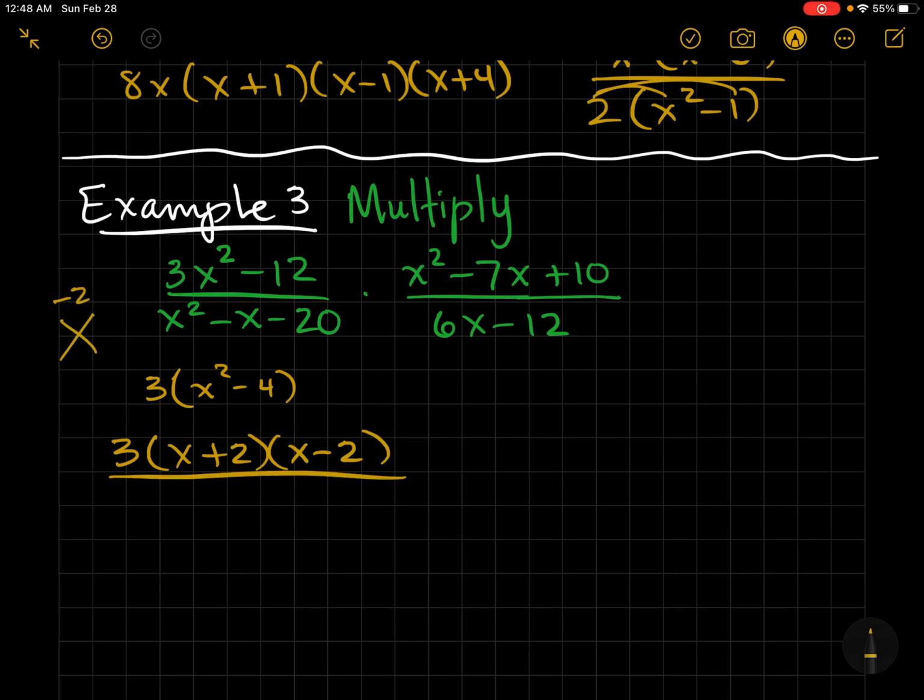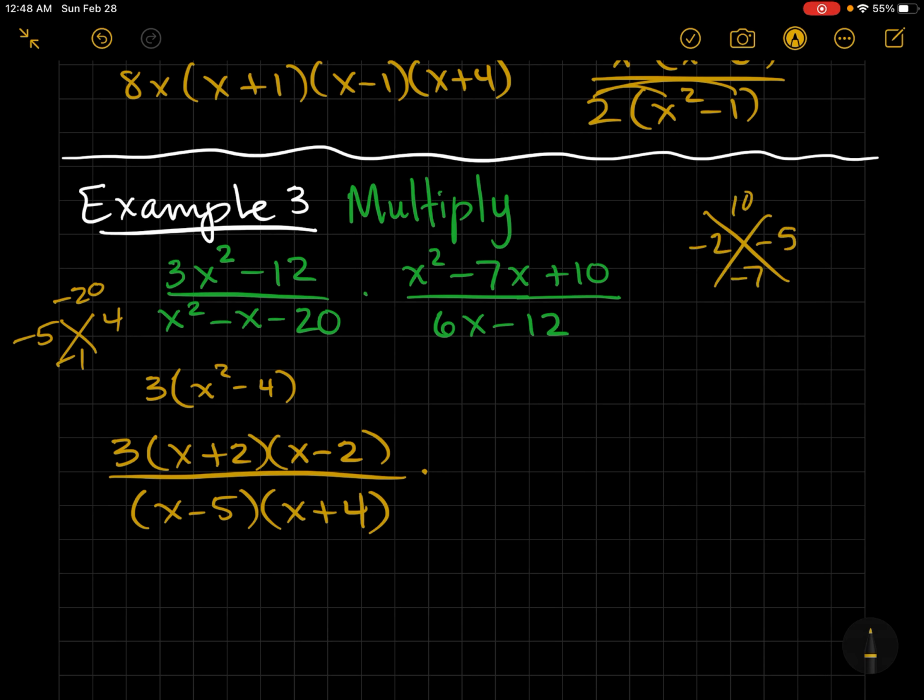And in the denominator, that's negative 20, negative 1. So that's 5 and 4, negative over here. So I have x minus 5, x plus 4. And for this one, let's see, that's 10, negative 7, negative 2, negative 5, x minus 2, x minus 5. And over here, 6 comes out, and I have x minus 2.